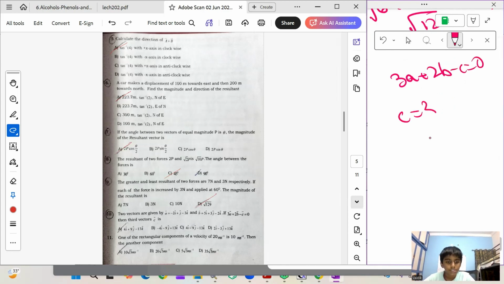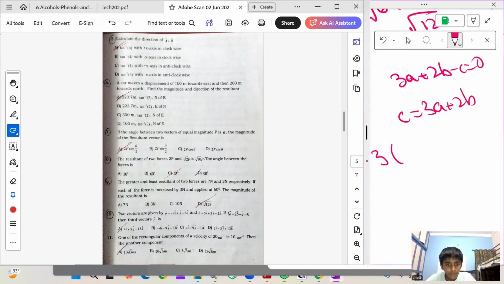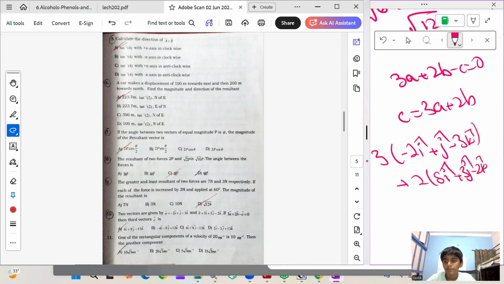10th question. 3a plus 2b minus c equals 0. So c equals 3a plus 2b. 3 into a, 3 into minus 2i cap plus j cap minus 3k cap, and plus 2 into 5i cap plus 3j cap minus 2k cap.